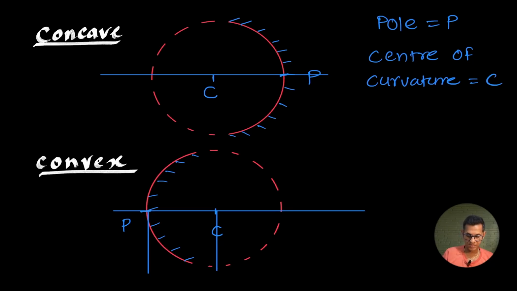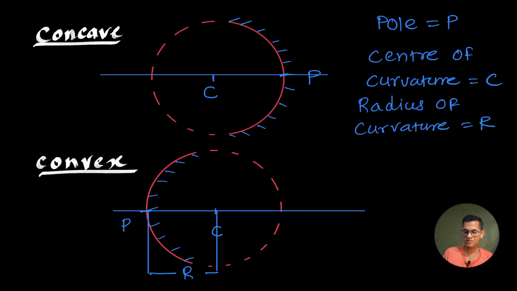So it's given by letter R. R is the radius of curvature. It also applies to the concave mirror. The distance between point C and point P is the radius of curvature, given by R.